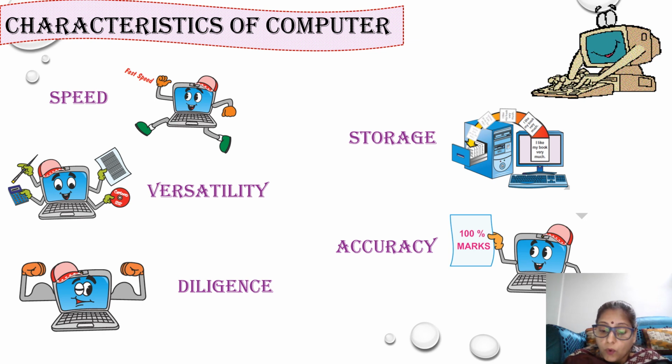It can work for hours without any fault. Means it can work 24 hours without asking for any rest, right? Means it performs every calculation and provides all the results with the same accuracy. Means human beings can get tired but computer can't get tired. So this is the fifth characteristic of computers.